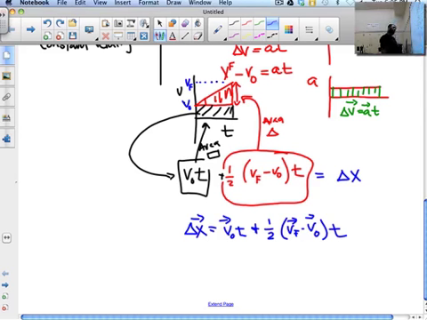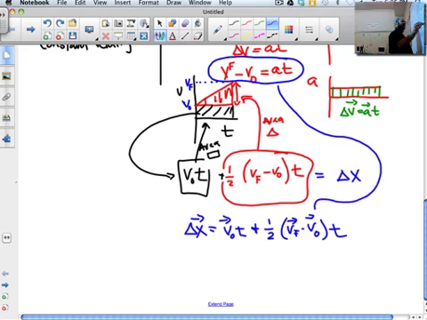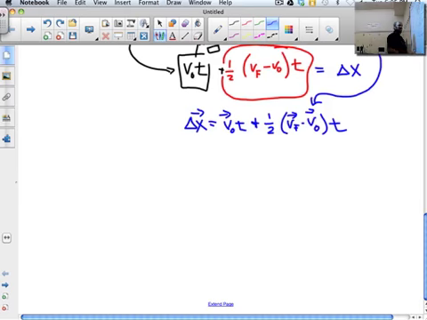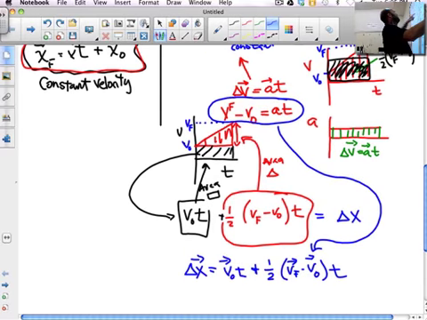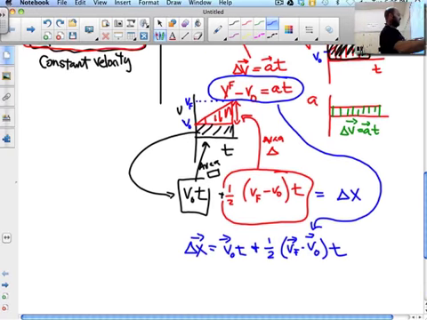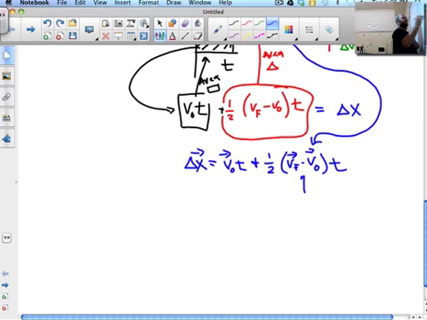Let's see, what could I do now? Well, I have this equation here. From the area under my acceleration graph, I can take this equation and put it there. And this will be the last step. So v final minus v naught is going to be equal to at. So this whole thing now is going to be at. I can substitute at in place of that.